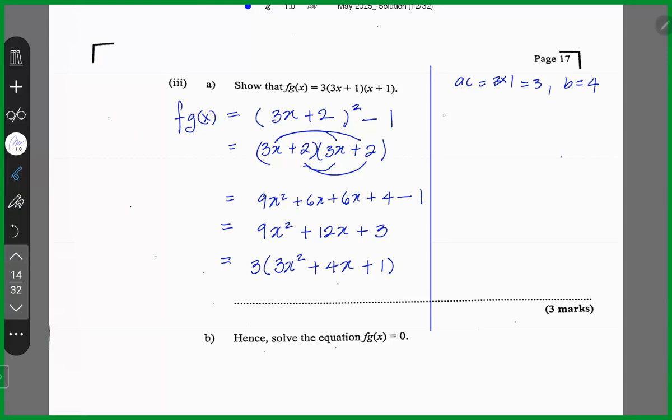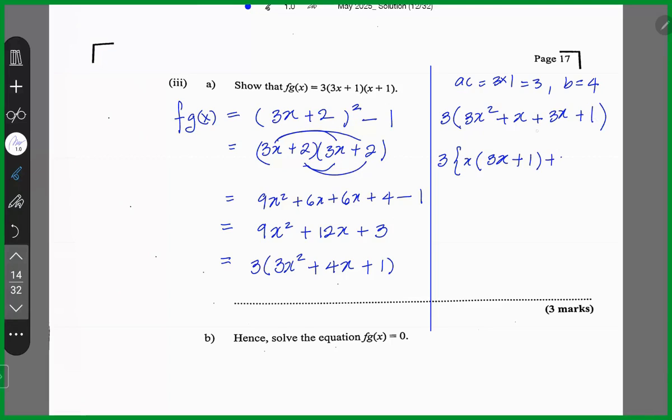So now I have 3 into 3x squared plus x plus 3x plus 1. Over to the left, x is common. X into 3x squared is 3x. X into x is 1.